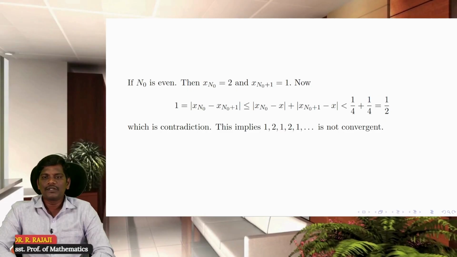By equation 2, these two terms are less than 1/4 plus 1/4, which is equal to 1/2. This implies 1 is less than 1/2, which is a contradiction. This implies the sequence 1, 2, 1, 2 is not convergent.